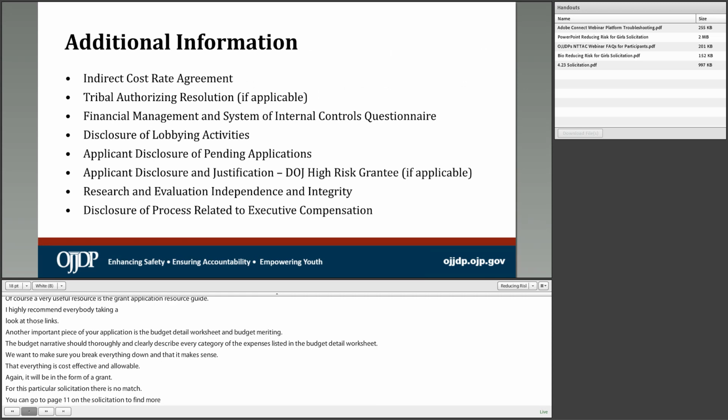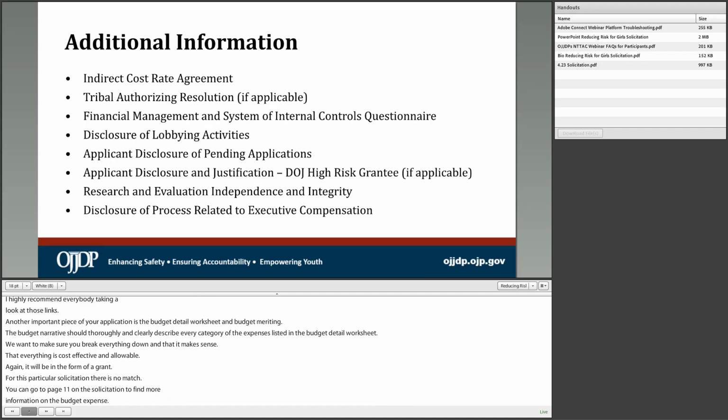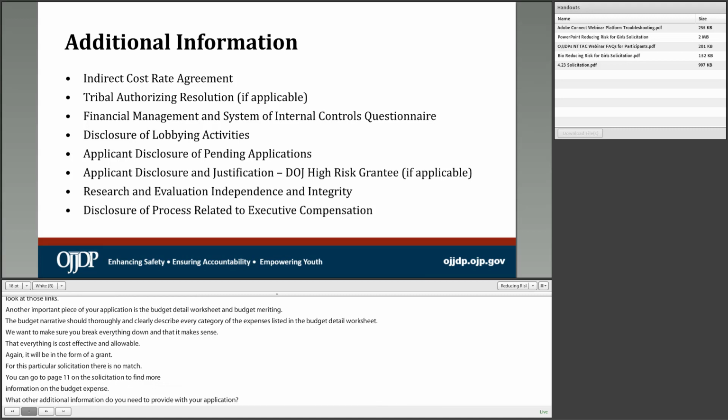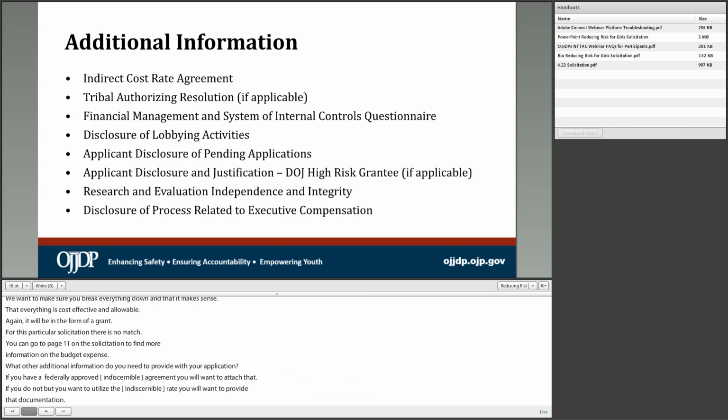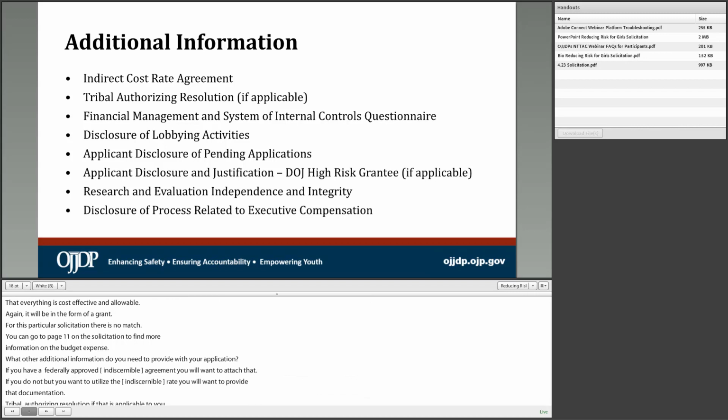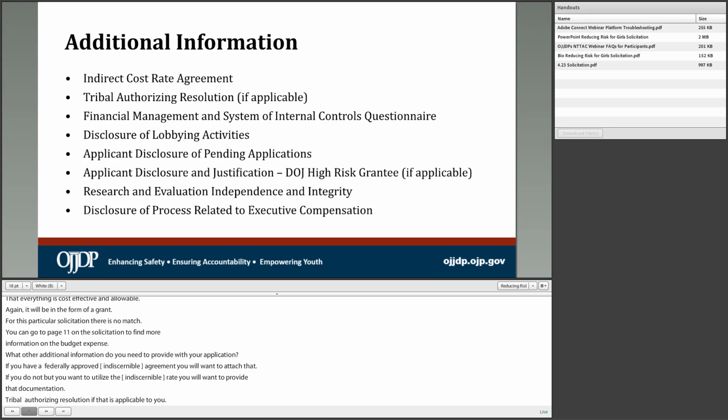All right, so what other additional information do you need to provide with your application? If you have a federally approved indirect cost rate agreement, you will want to attach that. If you do not, but you want to utilize the de minimis rate, you will want to provide that documentation. Tribal authorizing resolution, if that's applicable to you. Your financial management and system of internal controls questionnaire should be added as an attachment.